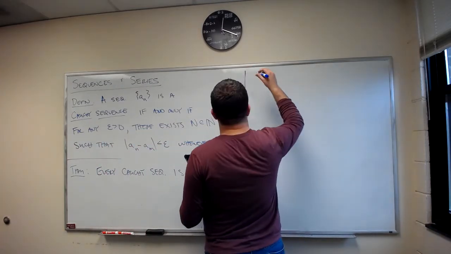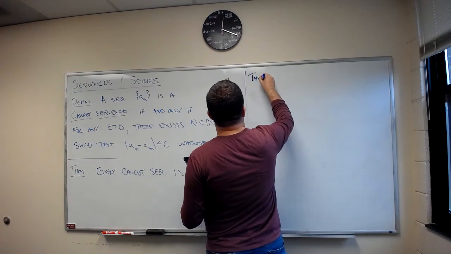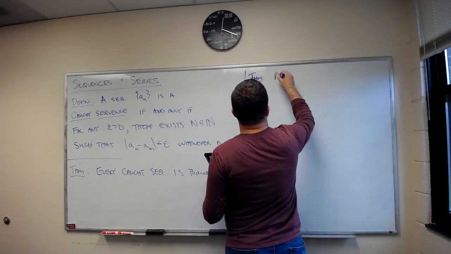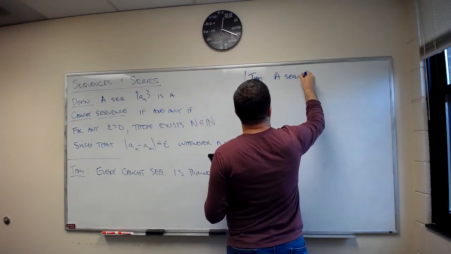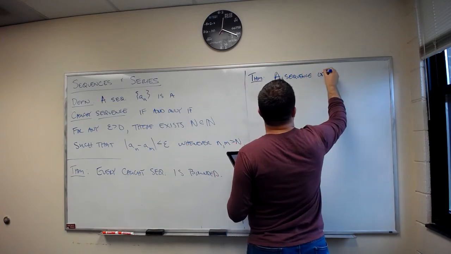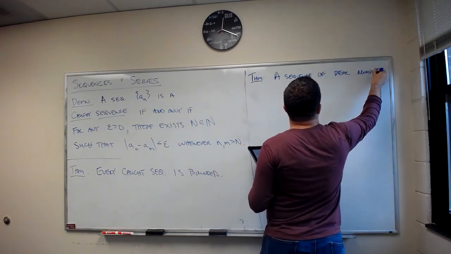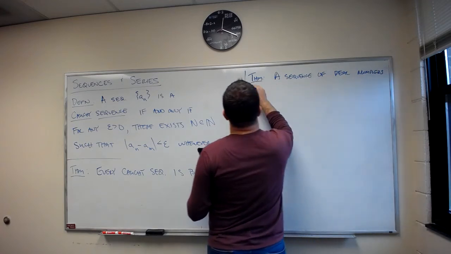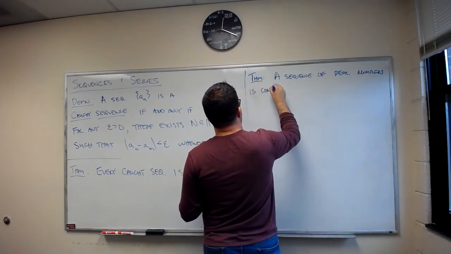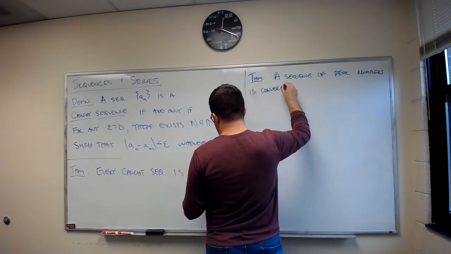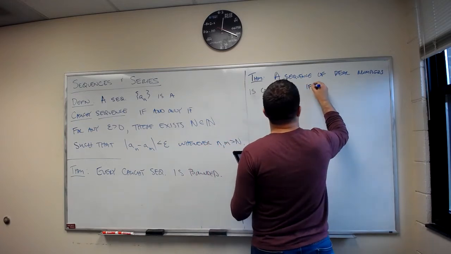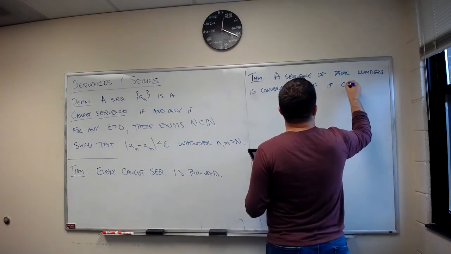So here's the theorem I want. A sequence of real numbers is convergent if and only if it converges.